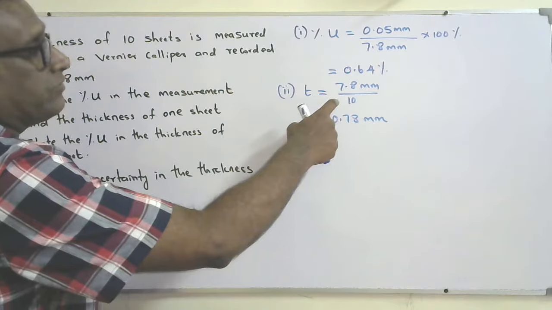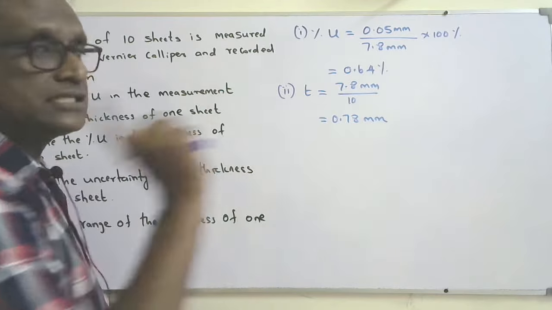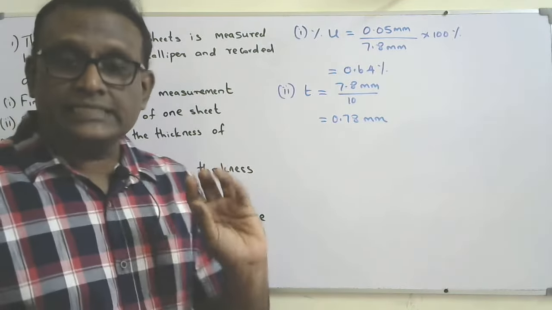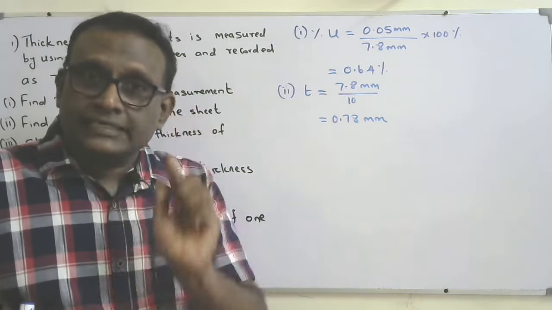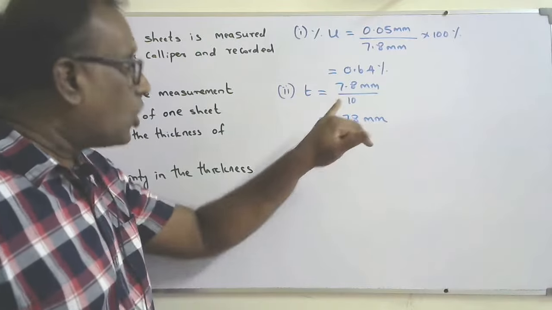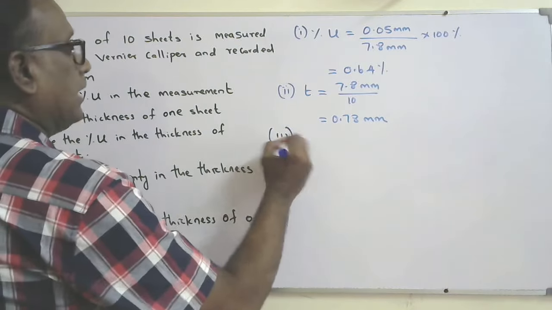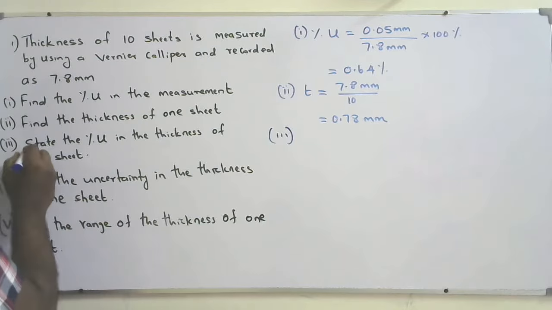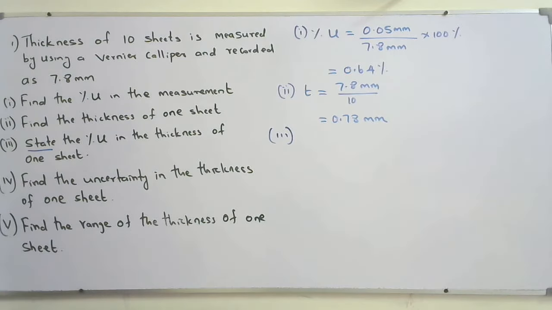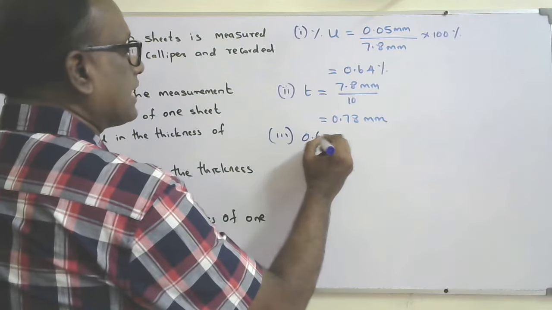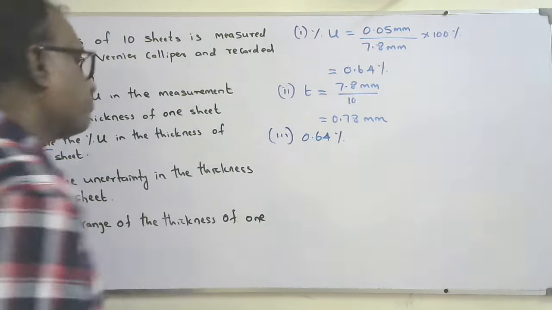So here you are dividing by 10 to get the thickness of one sheet, but the percentage uncertainty in the measurement of the thickness of one sheet is also 0.64 percent. So the third part, state the percentage uncertainty in the thickness of one sheet, is also 0.64 percent.